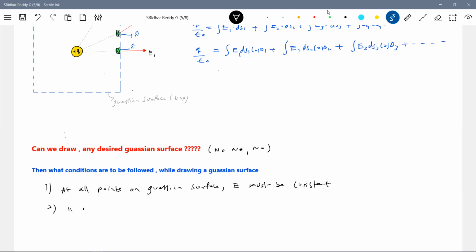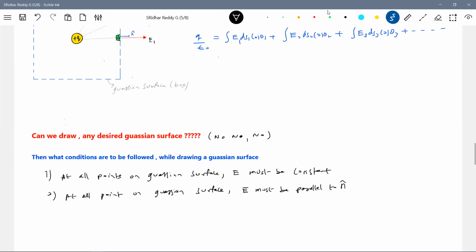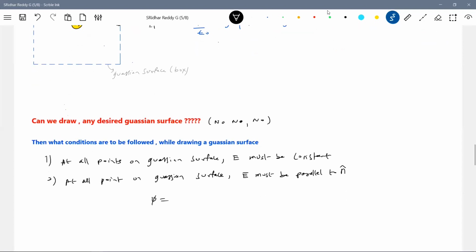Second, at all points on the Gaussian surface, E bar must be parallel to n cap. This is the thing you have to take care of when you are assuming the Gaussian surface. If it happens like this, then the equation will reduce to integral of E ds. I think then we can integrate, no?